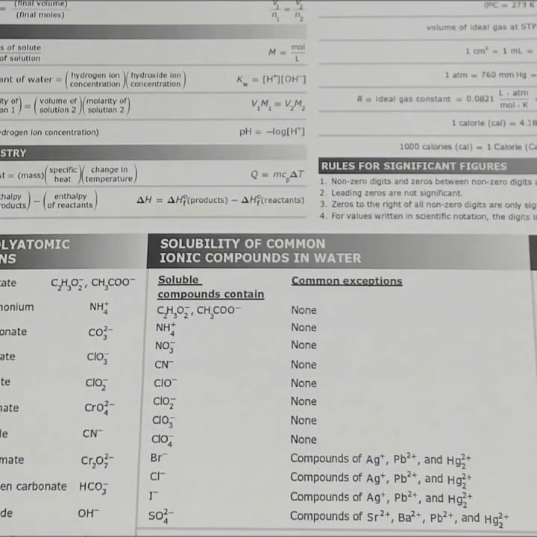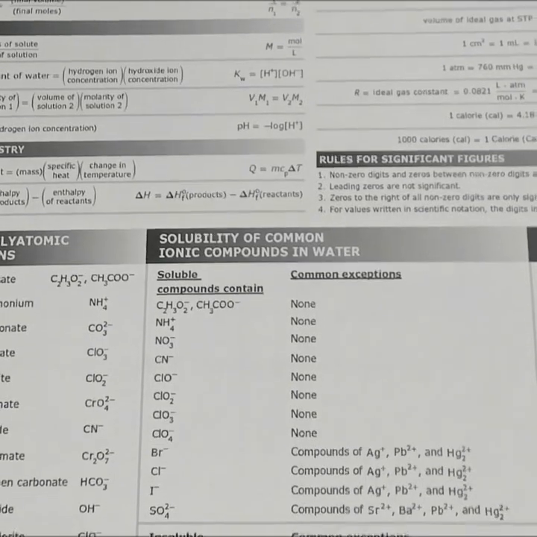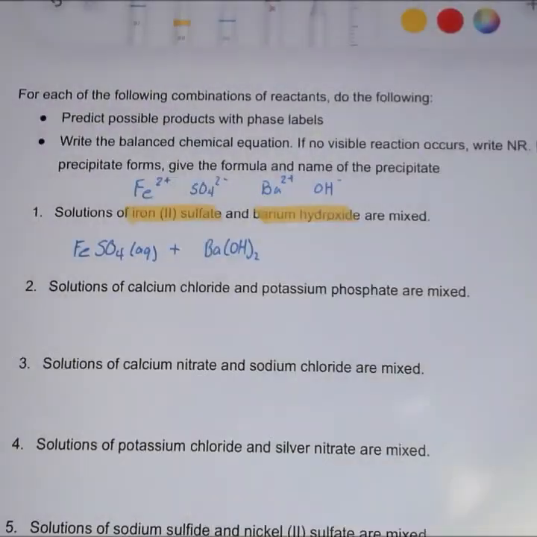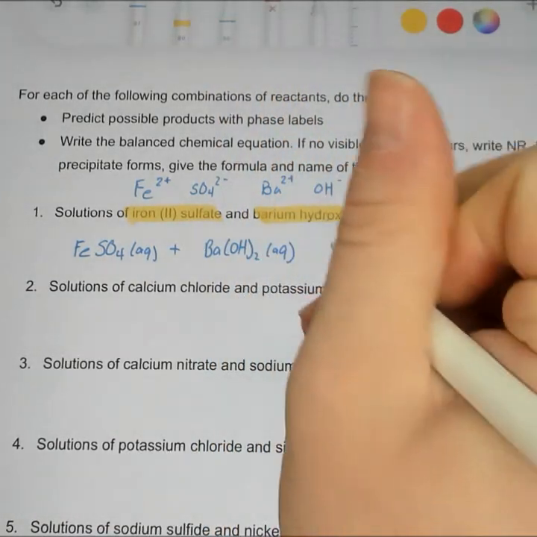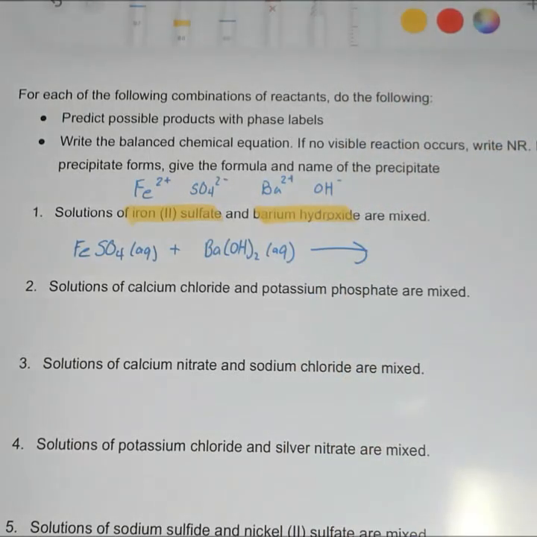Hydroxides are insoluble, but compounds of NH4 plus, the alkali metal cations, Ca, Sr, and Ba 2+ are soluble. So that means it's soluble. So sometimes you have to look at the others, but most of the times you don't. So aqueous. And I will tell you for a hint, all of the first ones are going to be soluble. So all of them should be aqueous.